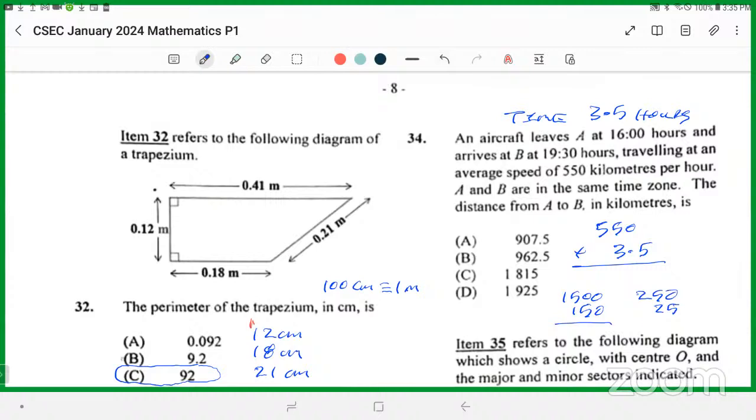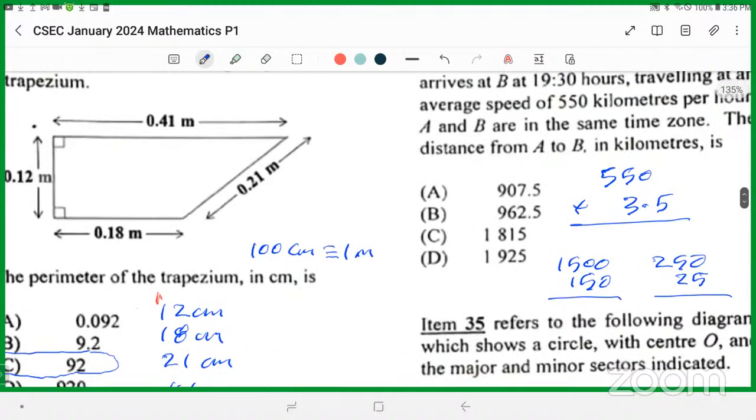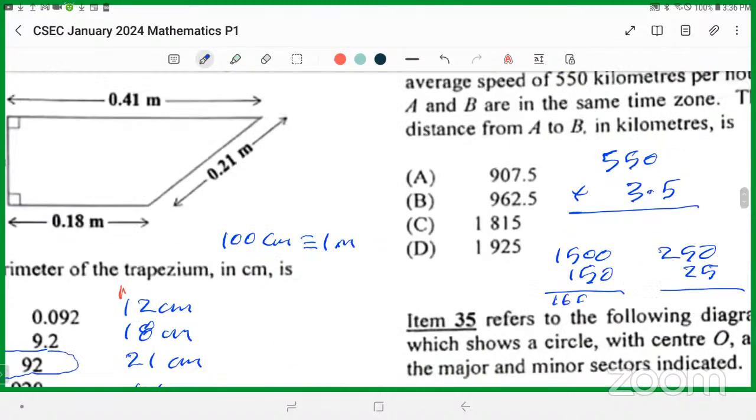So adding everything up, this right here is 1650, and this right here says 275.